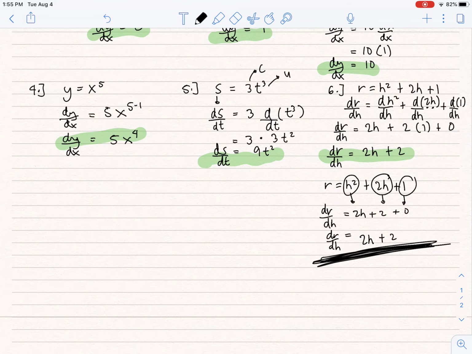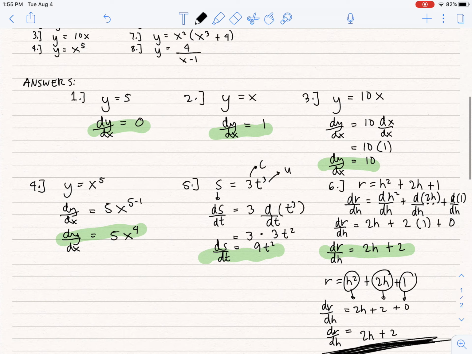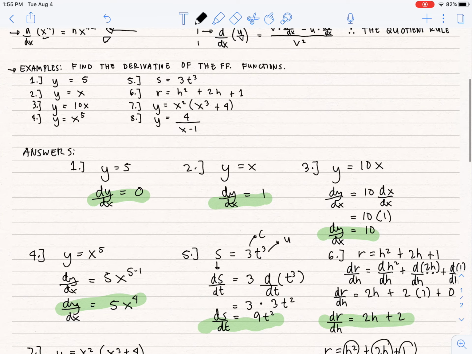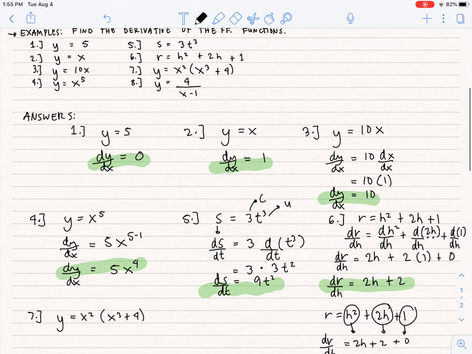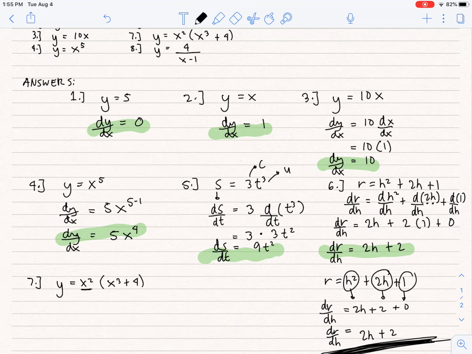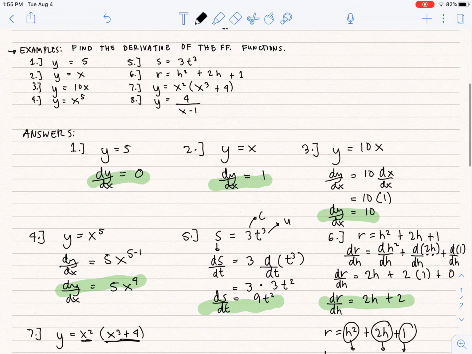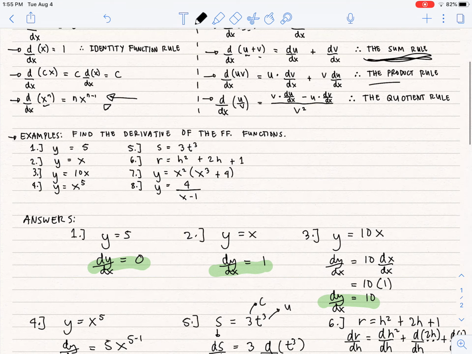Okay, so the next example, number 7. Just y is equals to x squared multiplied by x cubed plus 4. Okay? So, you may notice na multiply na ito ni sa kani. Diba? So, since multiply man, we are going to use product rule. So, product rule states that ato lang na i-copy ni.